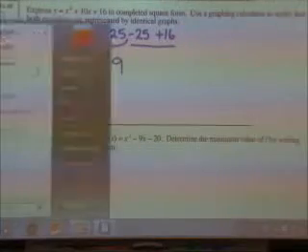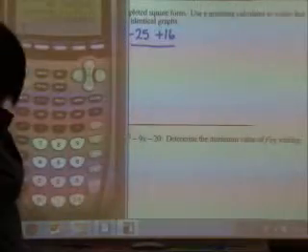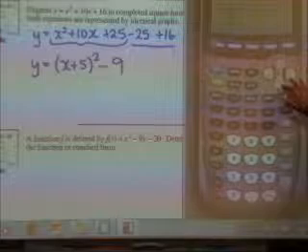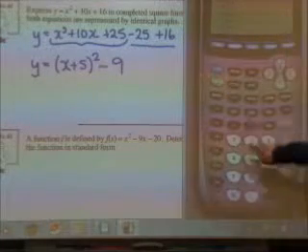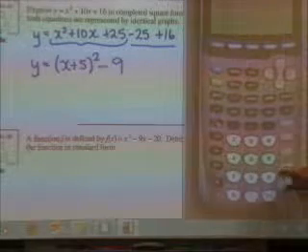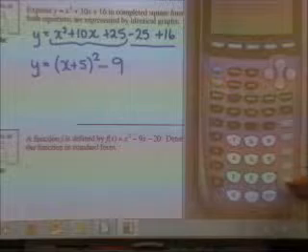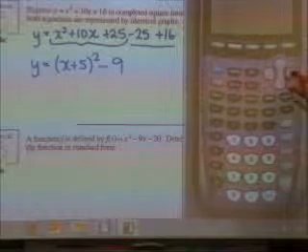So when we go to do that, I clear the graphs that are there. If I put in the first graph, x squared plus 10x plus 16, my signs didn't go in.